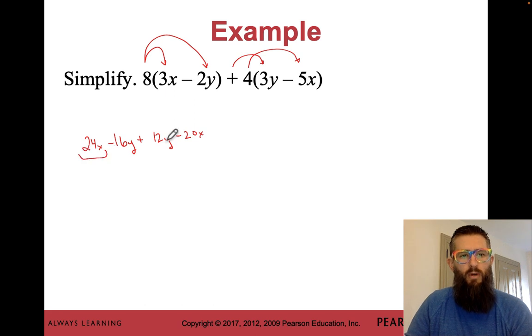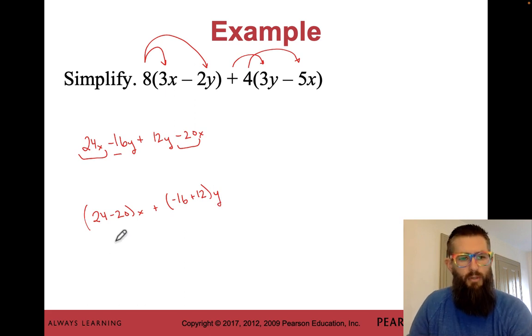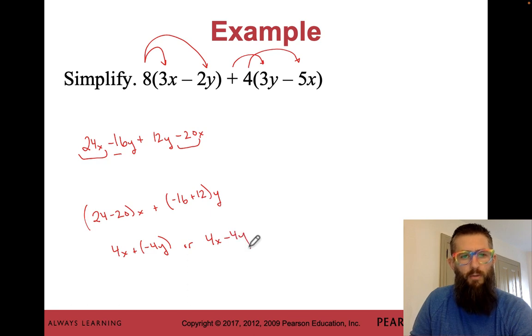So we have 24x minus 20x, so we can take our coefficients, take 24 minus 20, multiply that by x, and then we're going to take plus, we're going to take negative 16 plus 12, multiply that by y. So this is going to give us 4x plus a negative 4y, or 4x minus 4y.